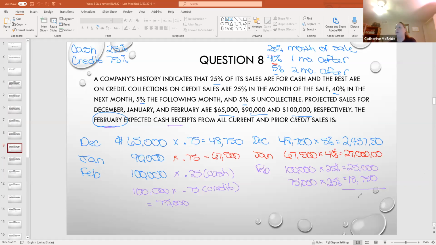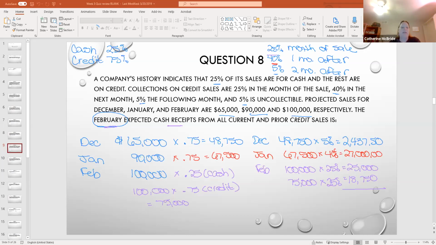So in February, we collected 5% left over from December. That's all we'll ever collect for December. We're done. We collected $27,000 from January sales. We collected $25,000 in cash sales for February.